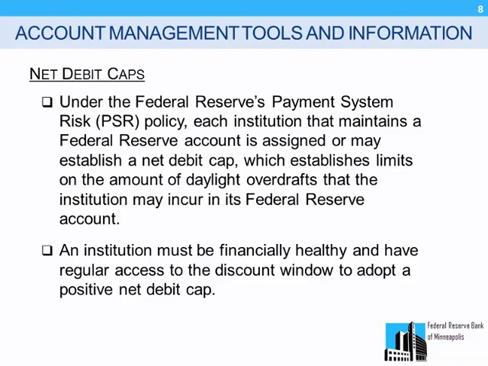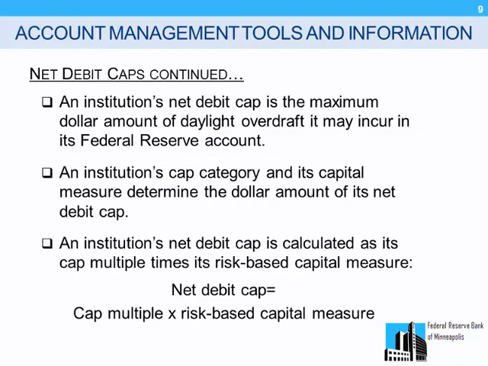So the net debit cap, as we said, is the maximum amount of overdraft an institution can have in its Fed account. The cap category and an institution's risk-based capital is what determines the net debit cap.